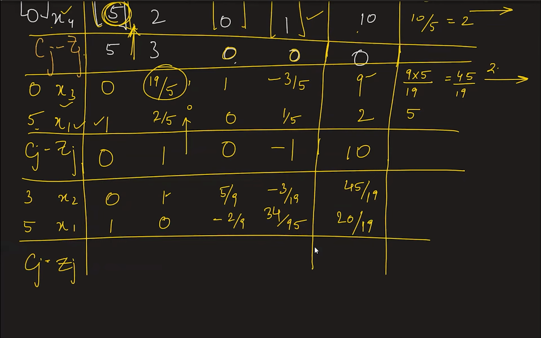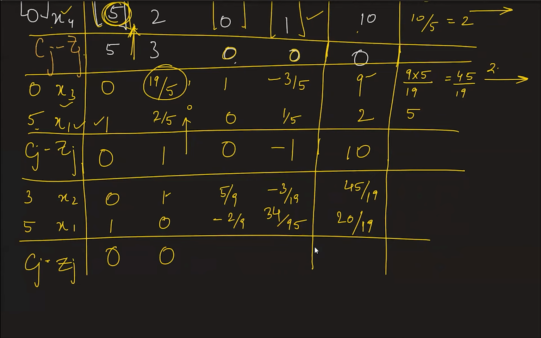And now we calculate the Cj minus Zj values. It should be 5 minus 3 times 0 minus 5, that is 0. Again, x1 and x2 are basic, so automatically the Cj minus Zj values become 0. This should be 5. Well, x3 has a coefficient of 0.